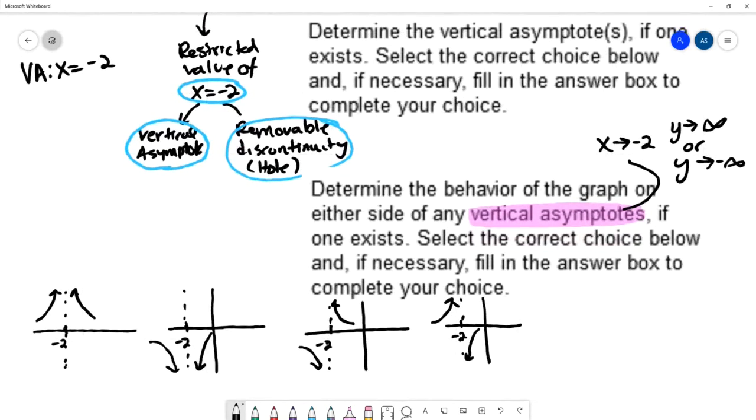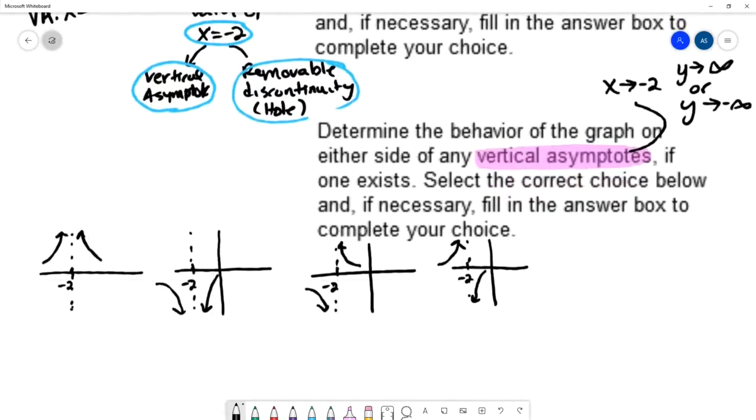So the way we do that is really just with a test value. So we have our rational function, 5x plus 5 over 2x plus 4, and we want to figure out the behavior around -2.